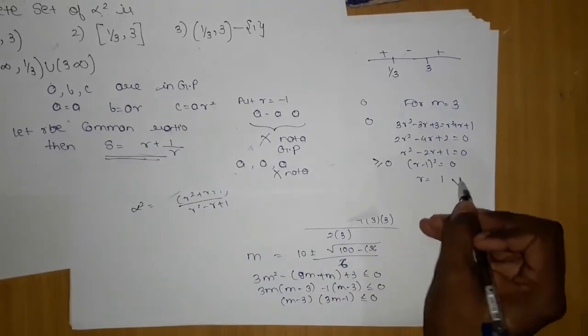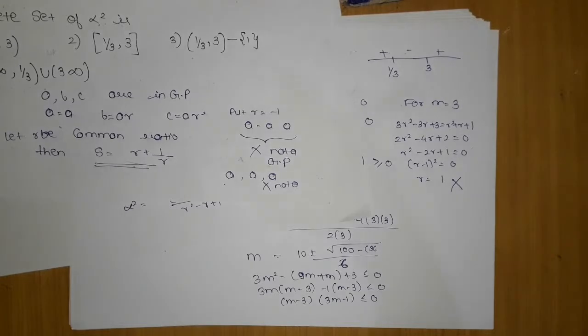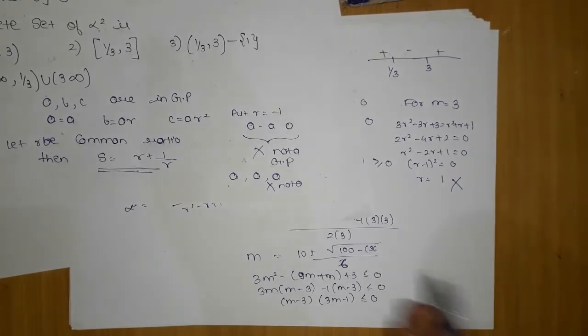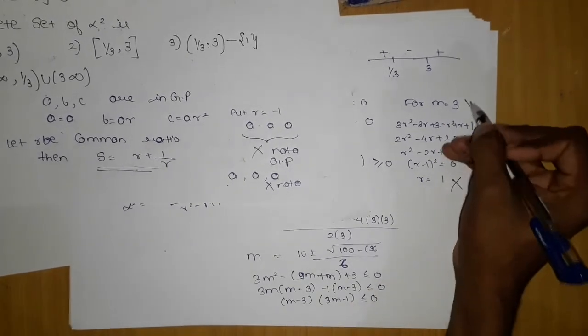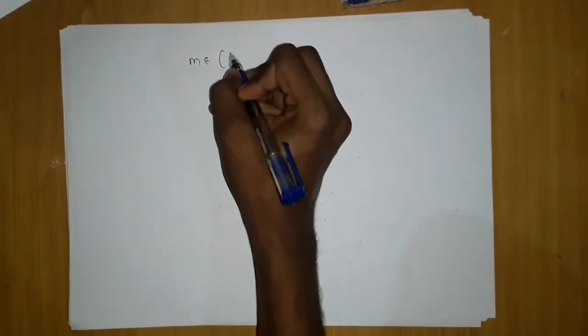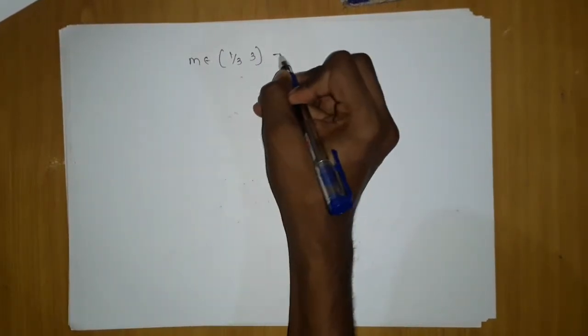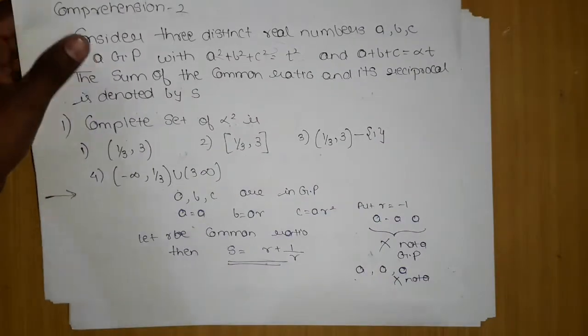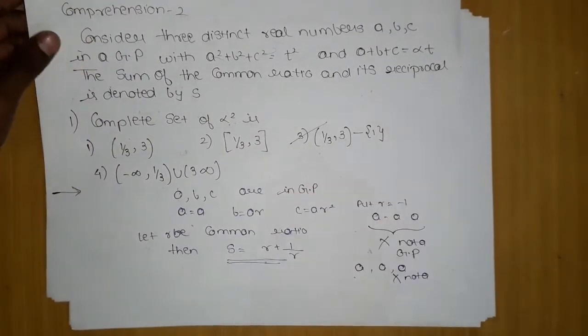So r equals 1 is not acceptable. Why does r equals 1 appear? Because m equals 3 is considered in the set, so we have to remove m equals 3. So our final set will have m belonging to the set excluding 1 by 3, excluding 3, and excluding 1.